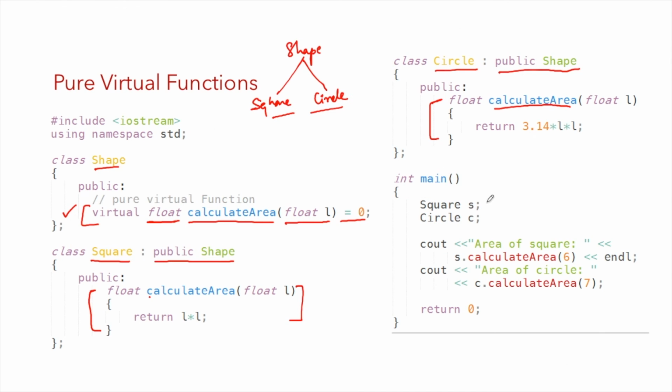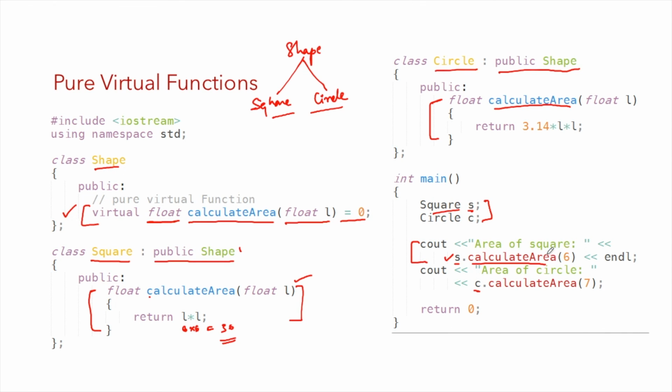So when I create objects for both my derived classes and make a call using their respective objects, their respective functions will be called. When I say s, which is an object of square, that is s dot calculate area 6, this function will be called. It will do 6 multiplied by 6 and return 36 for this statement.